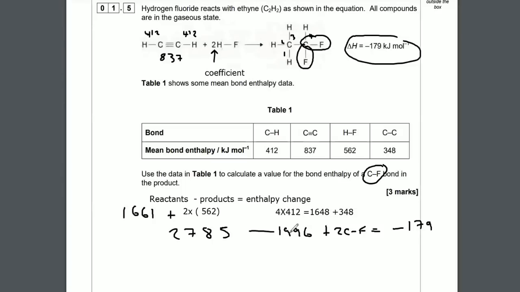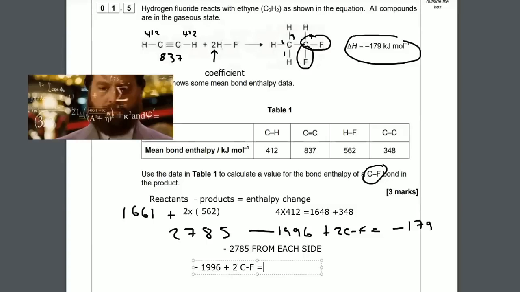Now we need to simplify. So let's take away 2785 from each side. So I can get rid of the 2785. First of all, I'm going to minus 2785 from both sides of the equation. And what's that going to give me? Put it in the calculator.